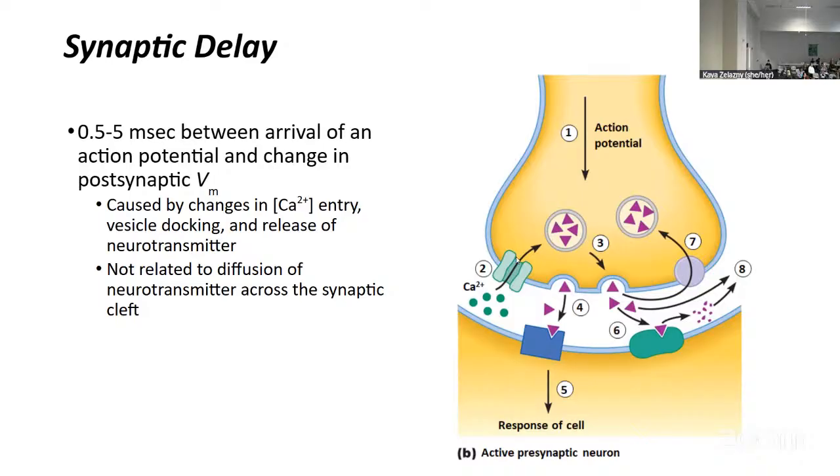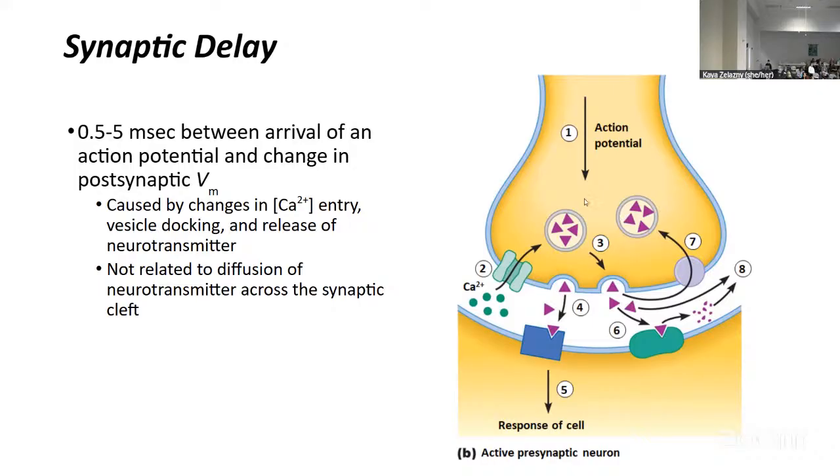It takes a little bit of time for this voltage-gated calcium channel to open. And in particular, it takes time to go grab these vesicles, signal them, tell them to dock onto the membrane of this presynaptic cell and release the neurotransmitter. So that's really where this gap of time is coming from: the stuff going on in the presynaptic neuron takes a while.